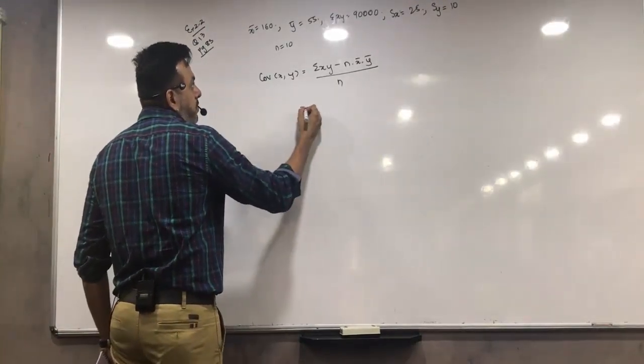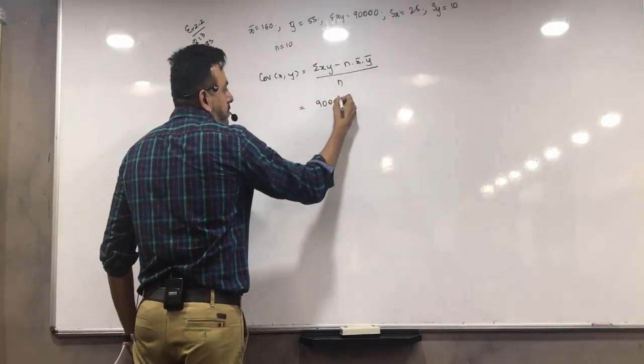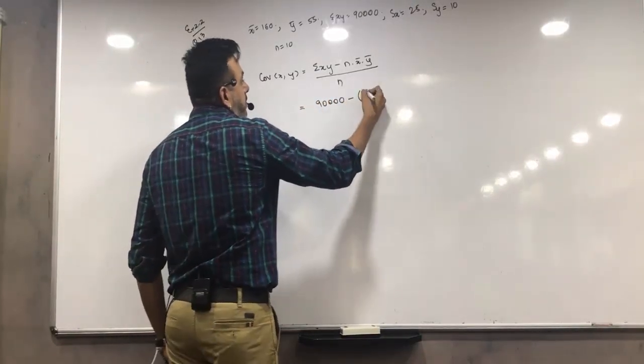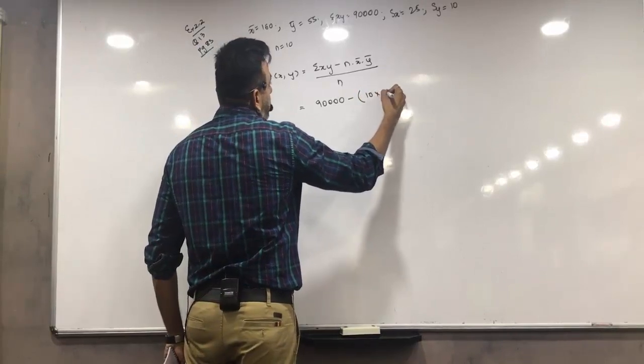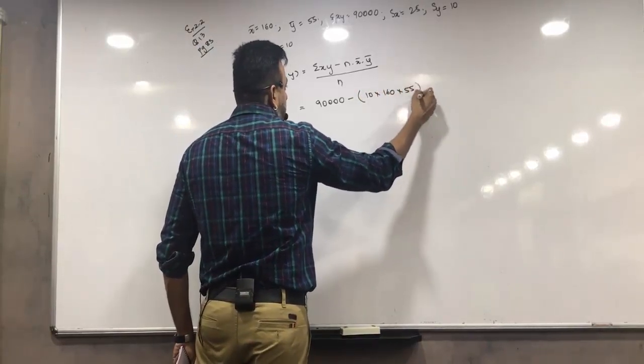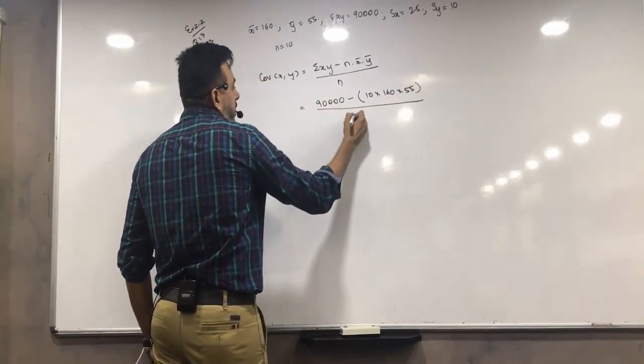So let's find out. 90,000 minus, in brackets write 10 into 160 into 55 upon n, which is 10.